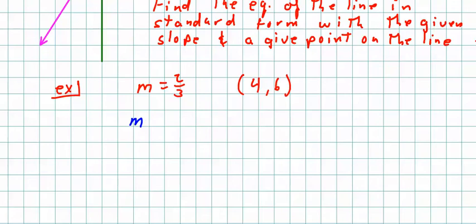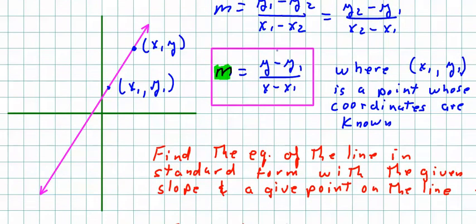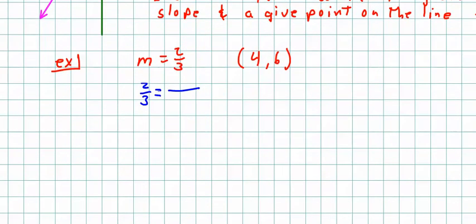My slope is 2/3, and I'm going to set it equal to something. Y minus y1. Well, x1, y1 is a point where the coordinates are known, so I take y minus my known y coordinate, y minus 6, and then it goes over x minus 4.